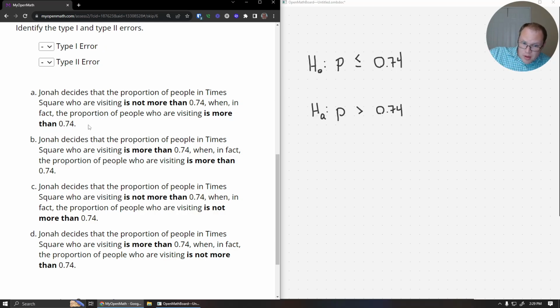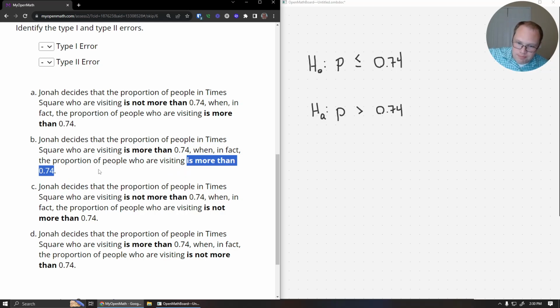Part B, almost the same statement, but now Jonah decides that the proportion is more than 0.74, and in fact it is more than 0.74. Notice this is not an error. Jonah made a conclusion. The actual fact is that his conclusion is correct, right? He concluded that the proportion is more than 0.74, and in actuality the proportion is more than 0.74.